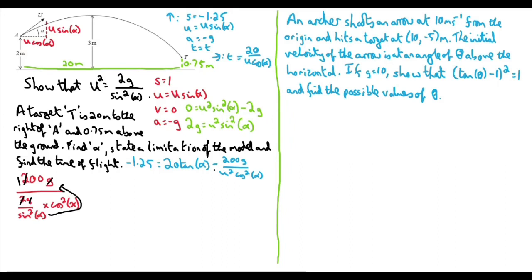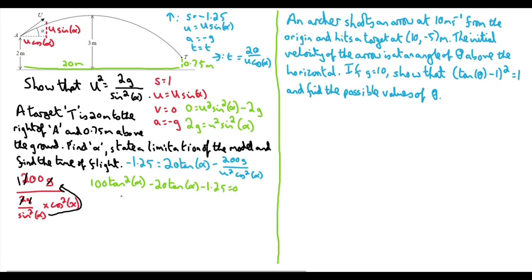So to bring things then onto the same side on the left, we would end up with 100 tan squared alpha. Now this will become a minus 20 tan alpha, and it's already minus 1.25, equals 0. Therefore, we can just imagine this like a quadratic.